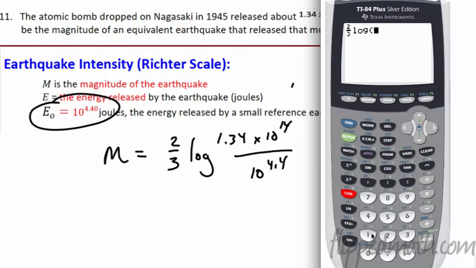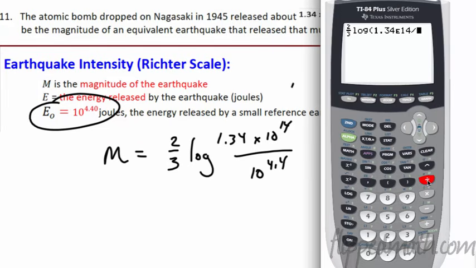I'm going to write that as 1.34, and I'm going to use this E that's above the comma there. Remember in your calculator, E to the whatever means we're using exponential notation. That's actually scientific notation. It's 1.34 times 10 to the 14th. That's what that means.